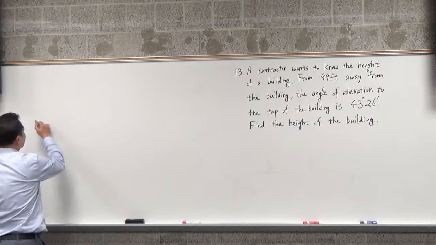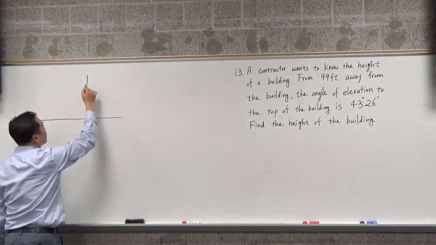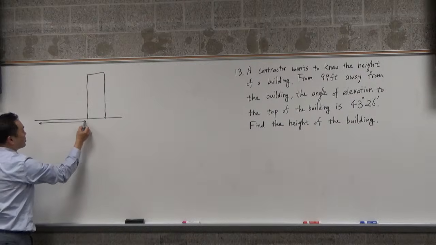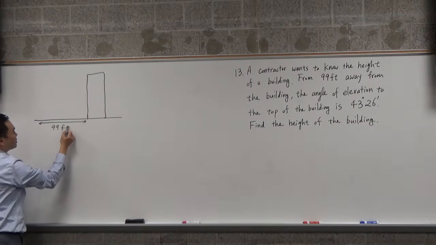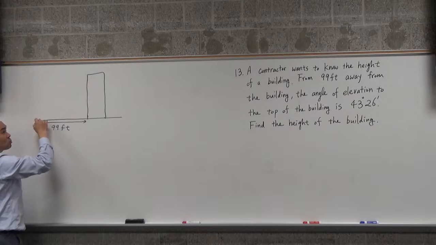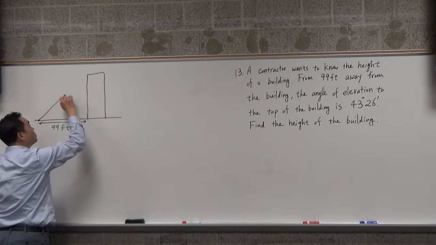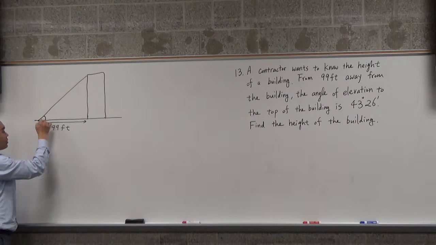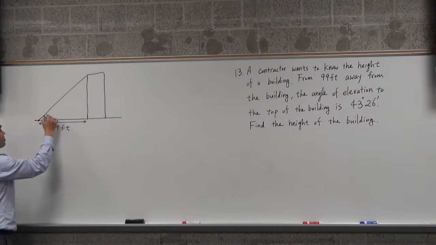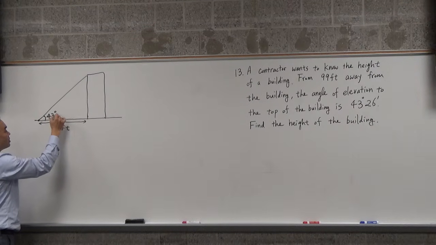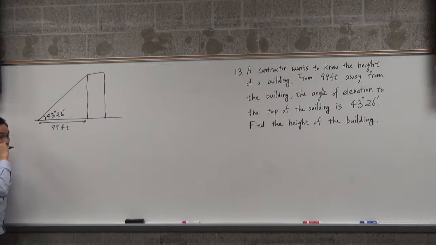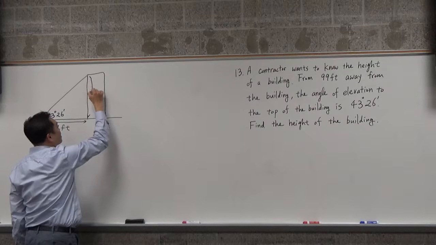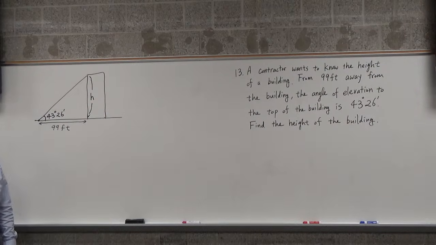To explain what's happening here, here is the building, and you're 99 feet away at a point, and from the ground, you look at the top, and you measure this angle, which can be done, right? And it says this angle is 43 degrees and 26 minutes. Given all this, the question is to find the height of the building.